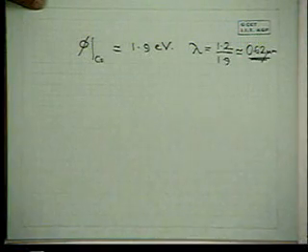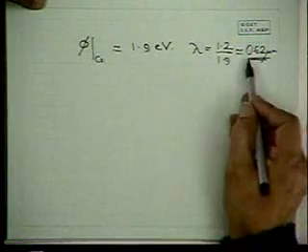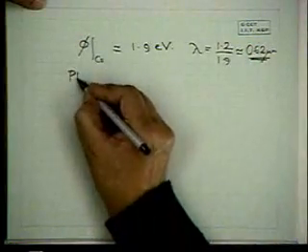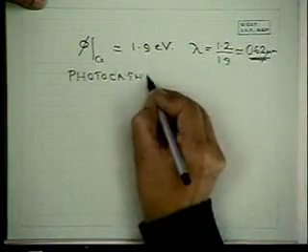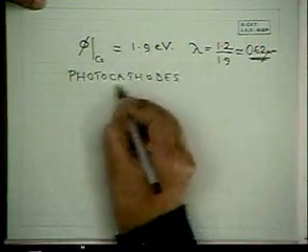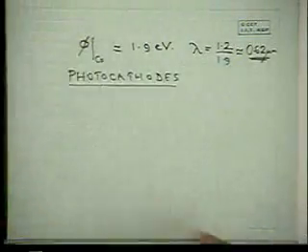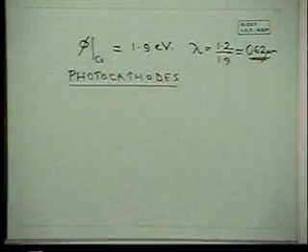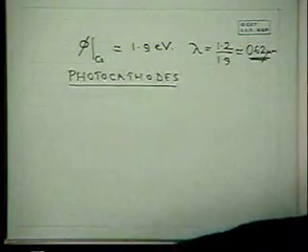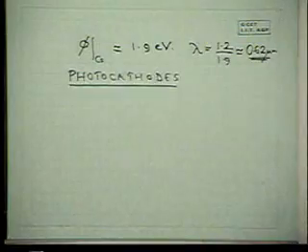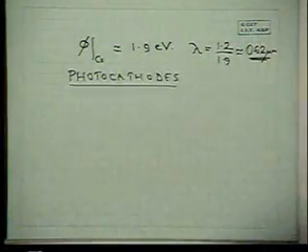So there was a lot of effort in trying to develop photocathodes, and the first type developed were typically photocathodes which had a cesium coating.